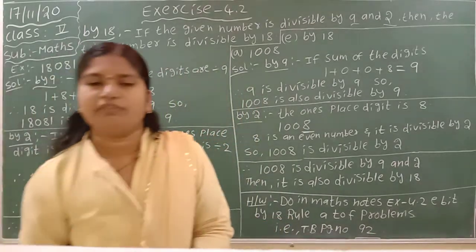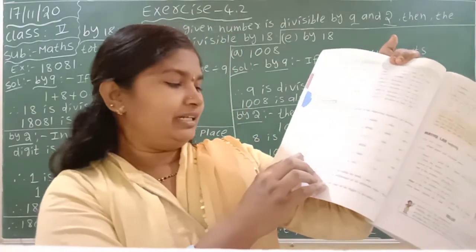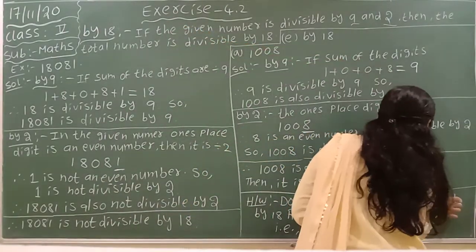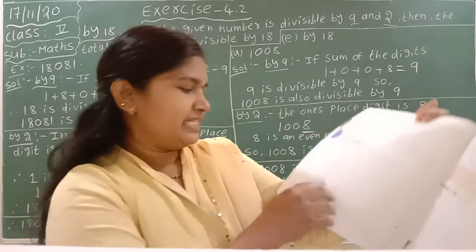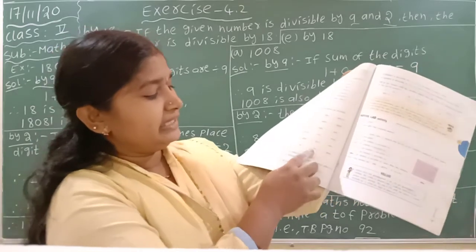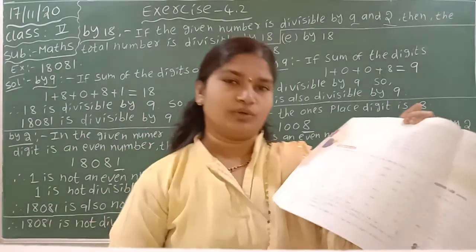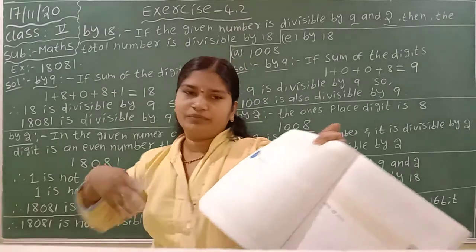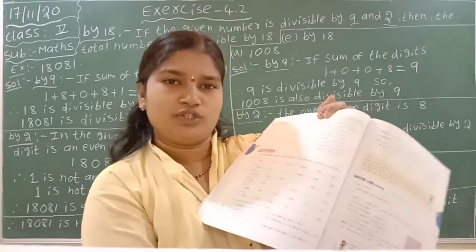See children, everyone open textbook page number 92, exercise 4.2. Here is the 6th bit, by 18: A, B, C, D, E, F. I explained the first question and one example question also. First you have to open your math notebook, copy this rule and example, then go for this bit. Maintain the book neatly. It is your homework today.